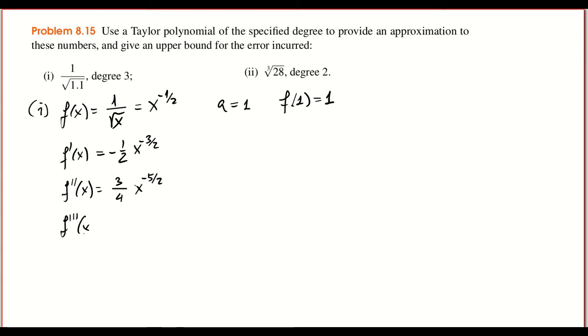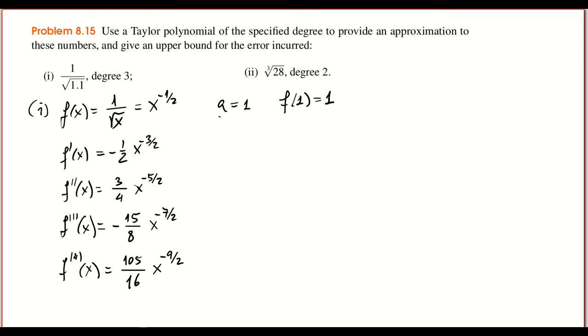Third derivative is minus 15 over 8 x to the minus 7/2, and the fourth derivative is plus, 7 times 15 is 105, and then the denominator is 16, and then we have x to the minus 9/2 here. Right, we won't need more.